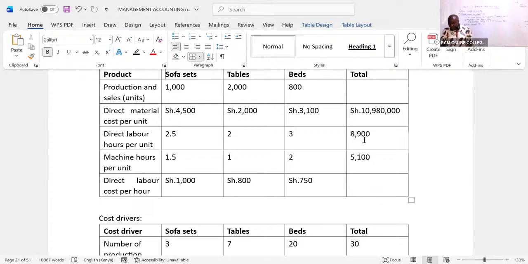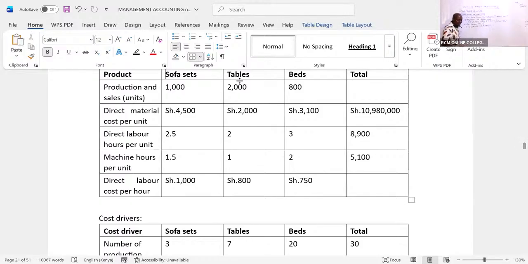Fortunately, they have given me the labor hours per unit, and we know how many units we are going to produce for each product. So to get the total labor hours, I will take 2.5 per sofa set, and we are producing 1,000 sofa sets. Some labor hours will be spent on tables, which is 1 hour times 2,000.